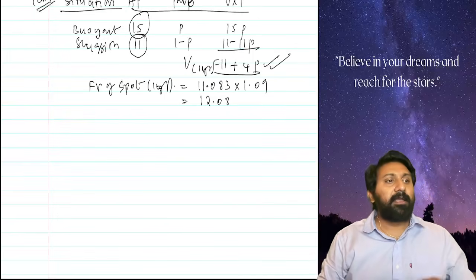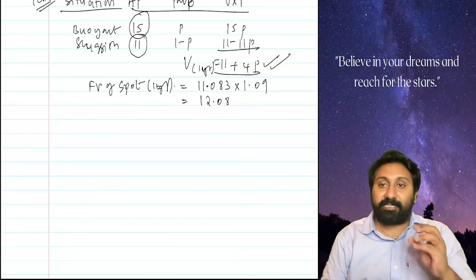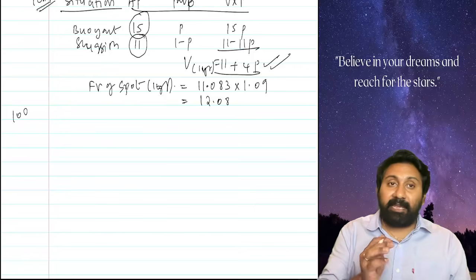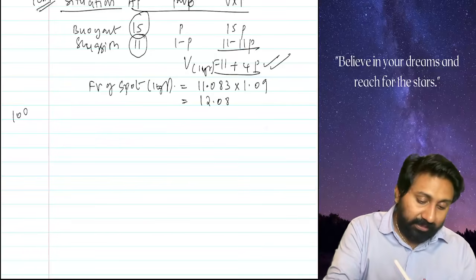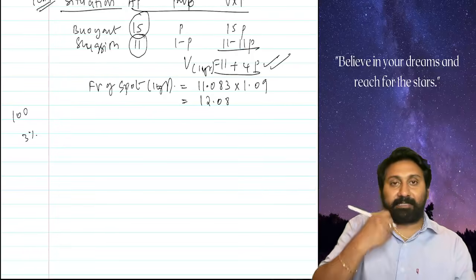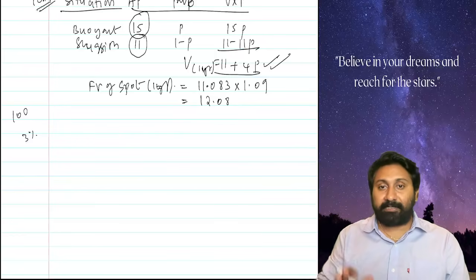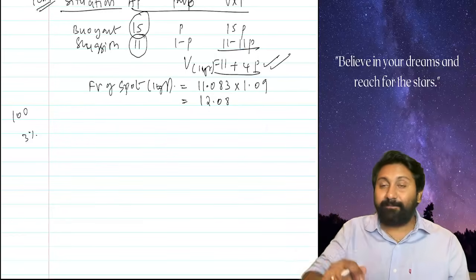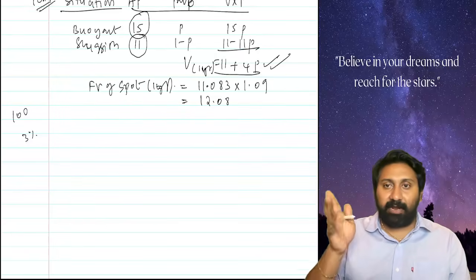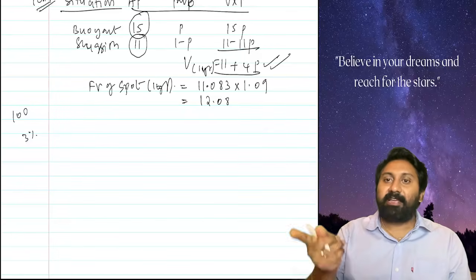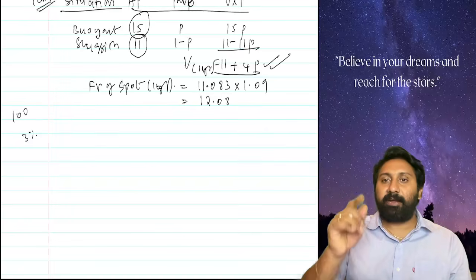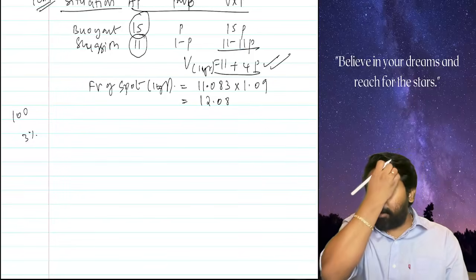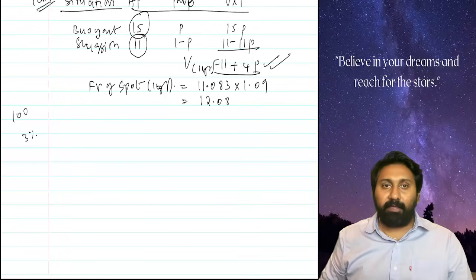Say for example, a person invested in a share today at 100. He wants a risk-free return of 3% after 1 year.